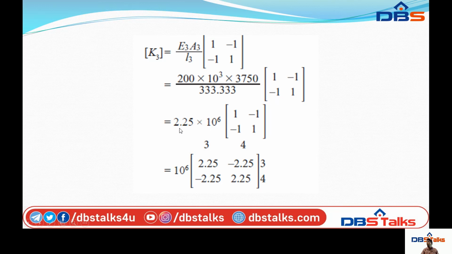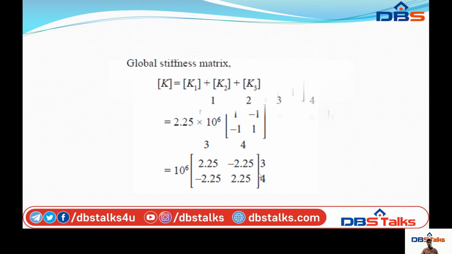Therefore, the value will be 2.25 into 10 power 6, with 10 power 6 taken as common: 2.25, minus 2.25, minus 2.25, 2.25. For element 3, the nodes will be 3 and 4, and 3 and 4.